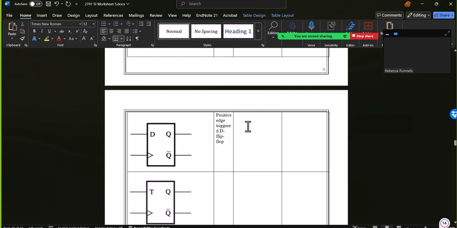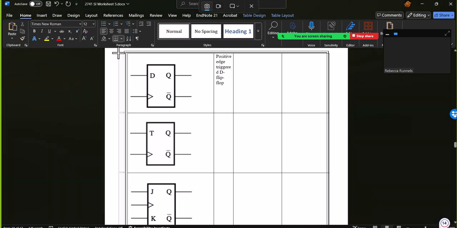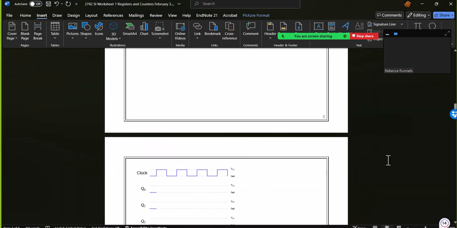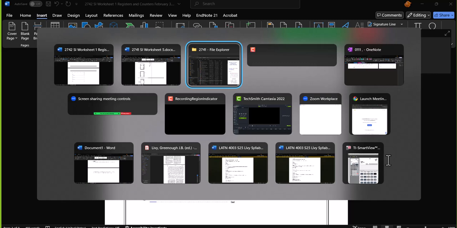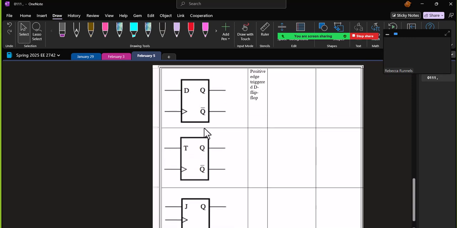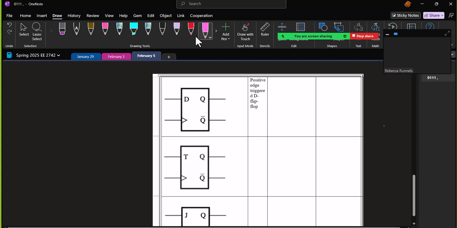And the way it works is, its output is called Q. It's called a characteristic table and not a truth table, but it really works the same way.